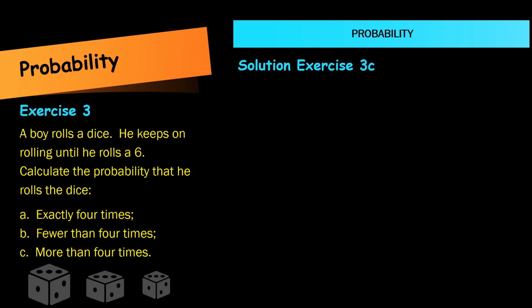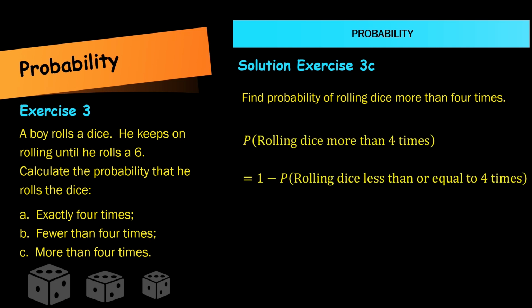And now for part C. We are required to calculate the probability that the boy rolls the dice more than 4 times. The probability of rolling the dice more than 4 times is 1 minus the probability of rolling the dice less than or equal to 4 times.